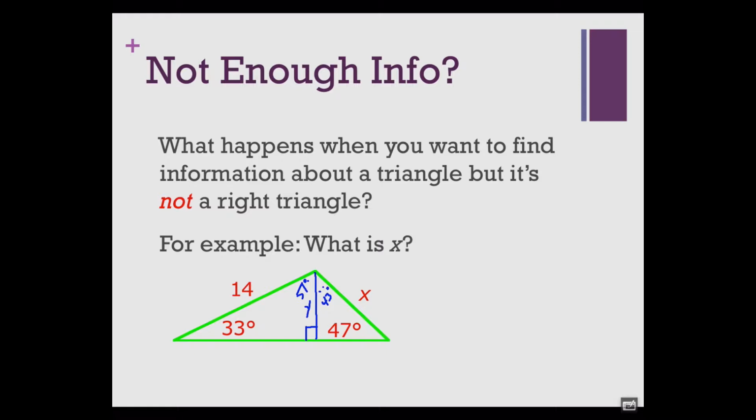Let me write that down. We would do the sine of 33 is equal to y over 14. That would tell us what y is. So now we know y is some number. Then you could use that to find the measurement of x. Sine of 47 equals the value of y over x. Beautiful.